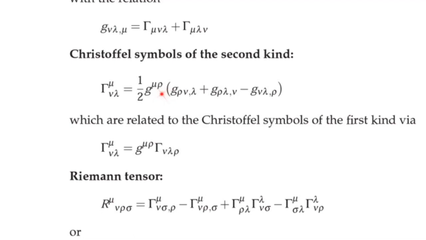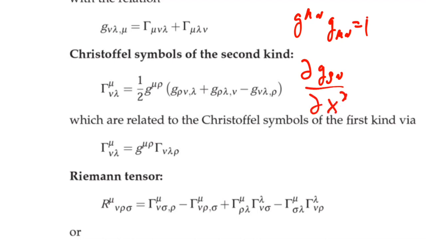Well, the inverse metric is just defined in the obvious way, right? It's defined where G mu nu G mu nu equals 1. But more importantly, it takes the derivative of the metric with respect to space-time, where these symbols are partial G rho nu partial x lambda.